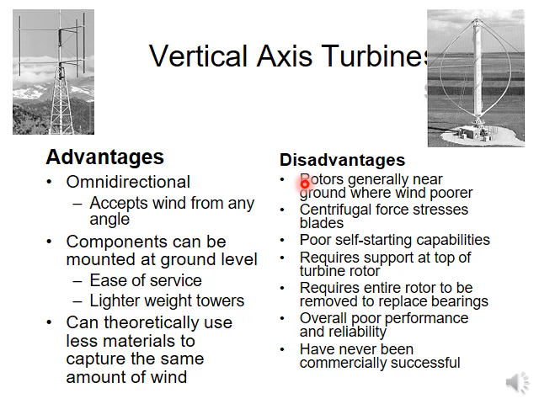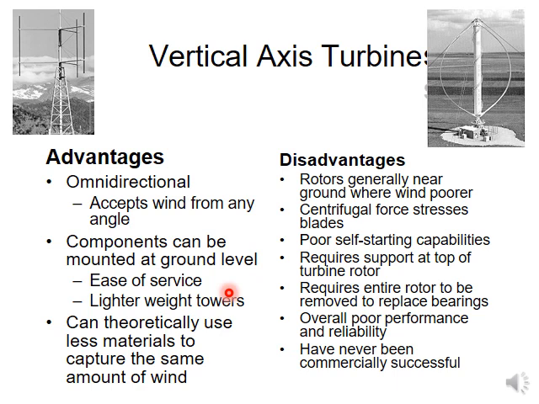So why is the vertical axis turbine not that feasible as compared to the horizontal axis turbine? So we are going through the pros and cons of this vertical axis turbine, and we will ultimately discuss the horizontal axis turbine. The advantage of the vertical axis turbine is that it is omnidirectional.